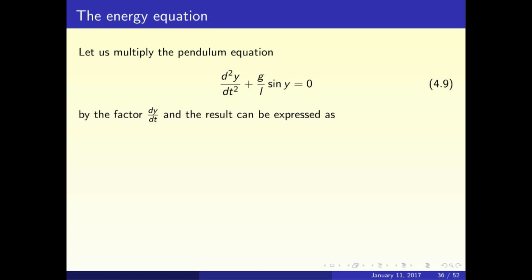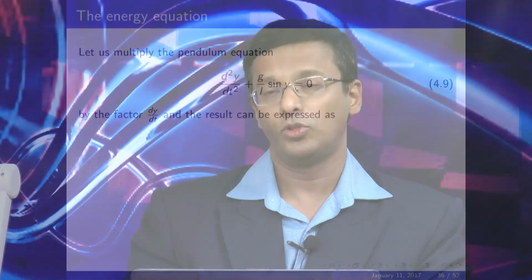So throw in a factor of 2. You get 2y dash y double dash. What is 2y dash y double dash? What are you going to get if you differentiate y dash squared? If you differentiate y dash squared, you are going to get 2y dash y double dash.